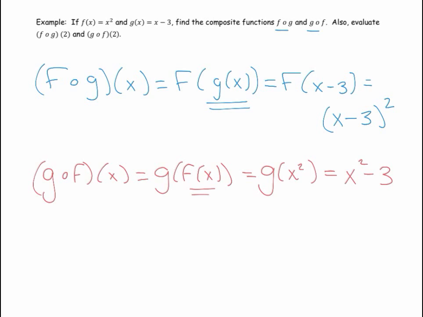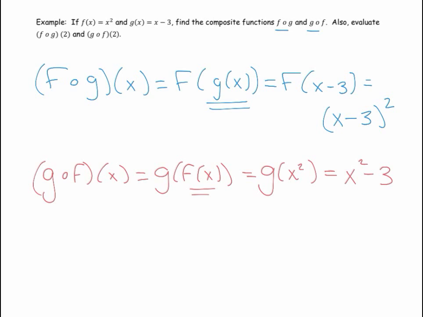So notice that you don't get the same result, which means that function composition is not commutative, meaning you can't just do it in either order. You know, addition and multiplication are operations on our number systems that are commutative, but function composition is not.